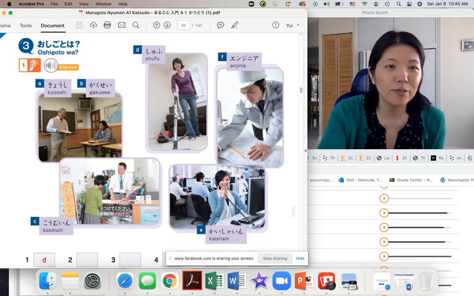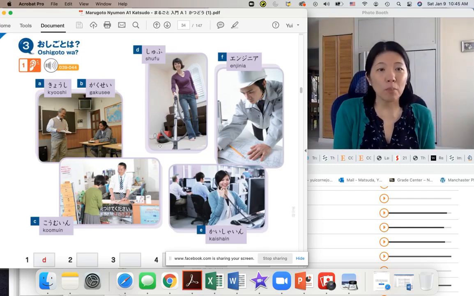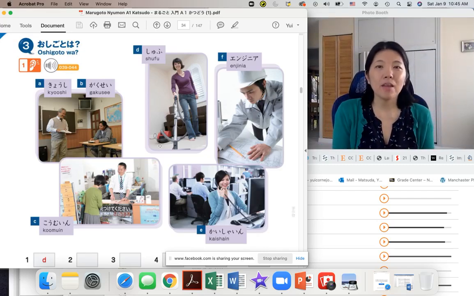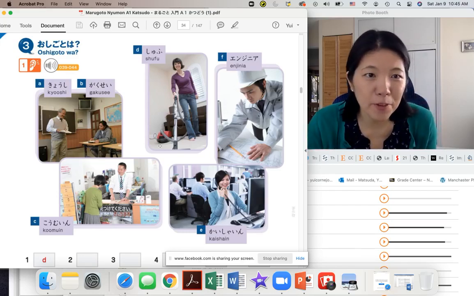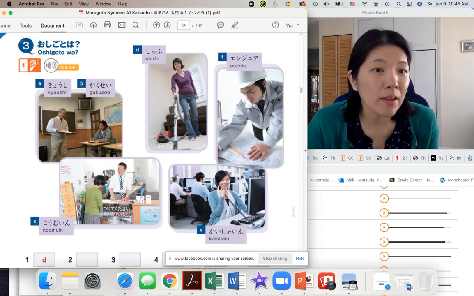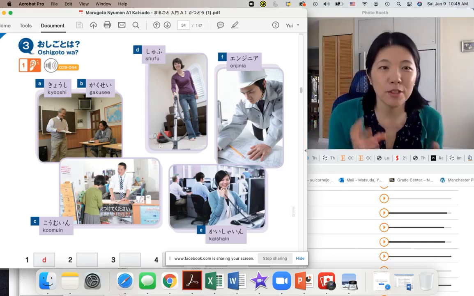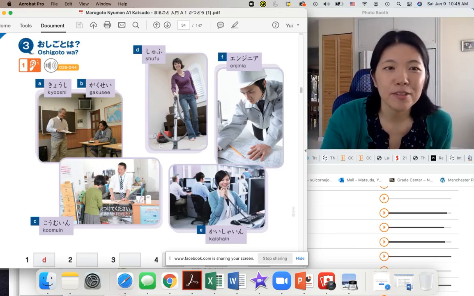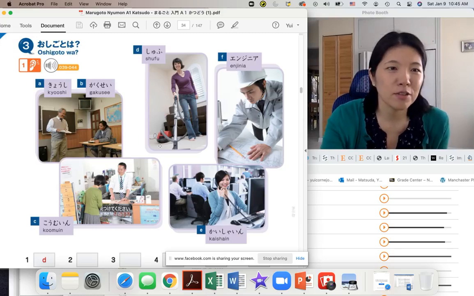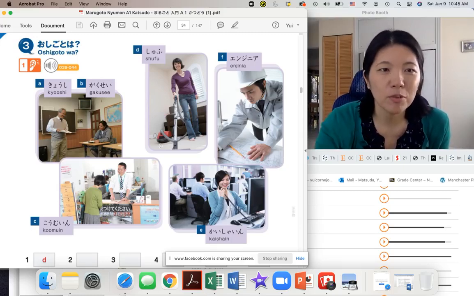D is 主婦, a homemaker. Actually, this has a woman picture, but if you're a man, it's also 主婦. It's just the kanji would be different. So could be either gender, anybody.